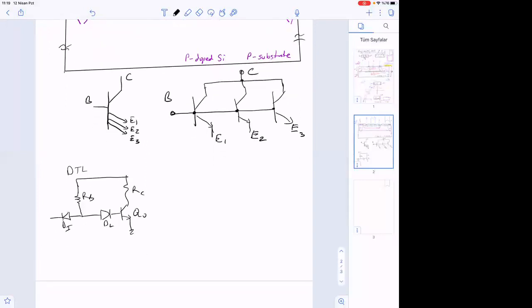So this was the inverter. But in order to get a NAND gate in DTL, you could do this.